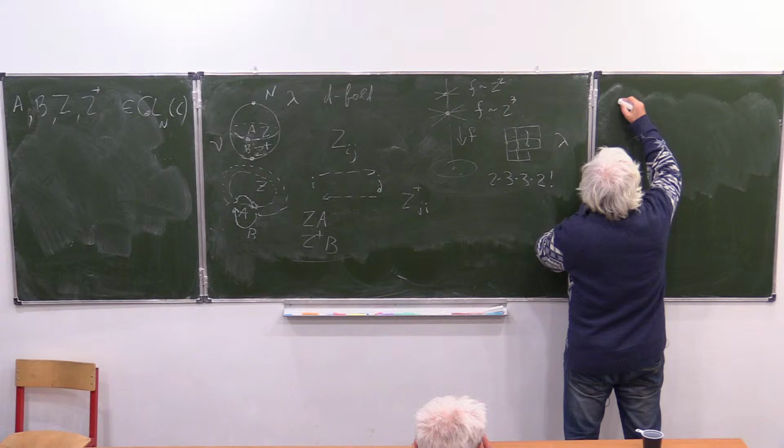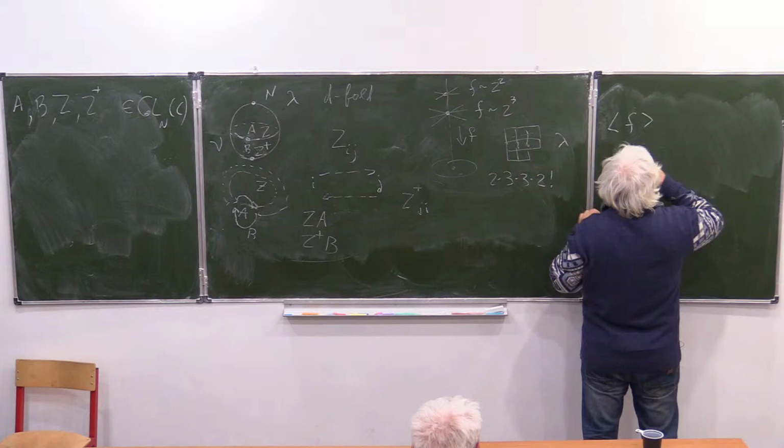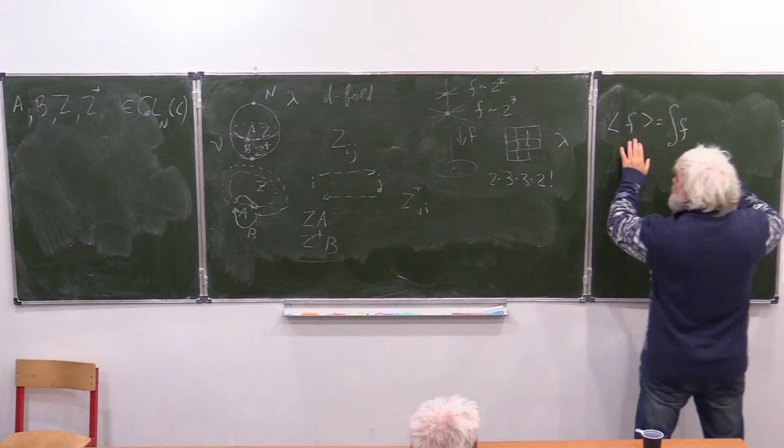If we have some function f of entries of matrix Z and Z dagger, f is a function of matrix entries.